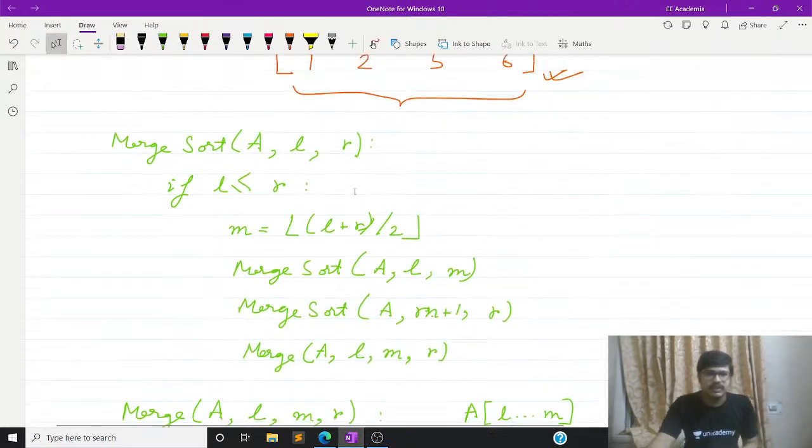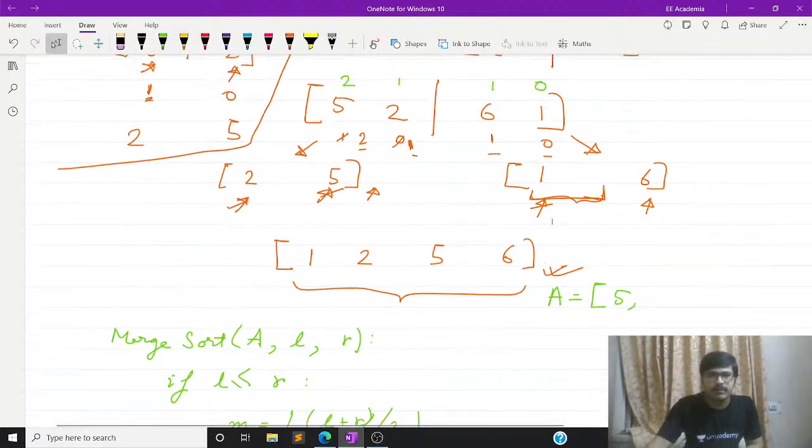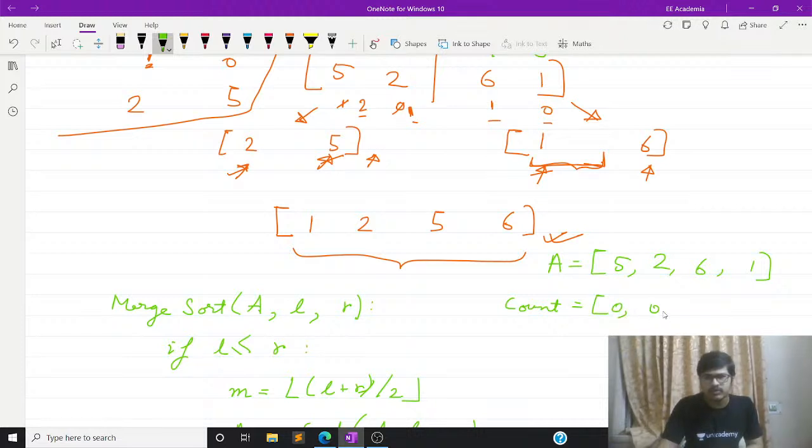One more thing I have to say: initially we have this array A, let's say it was 5 2 6 1, and we also have another array called count. Initially it is 0 0 0 0. The array which will store the count for every element.